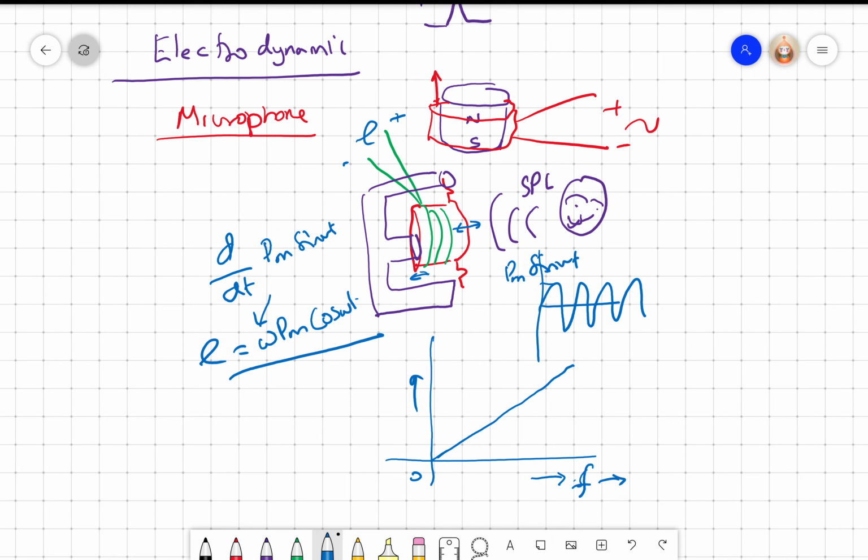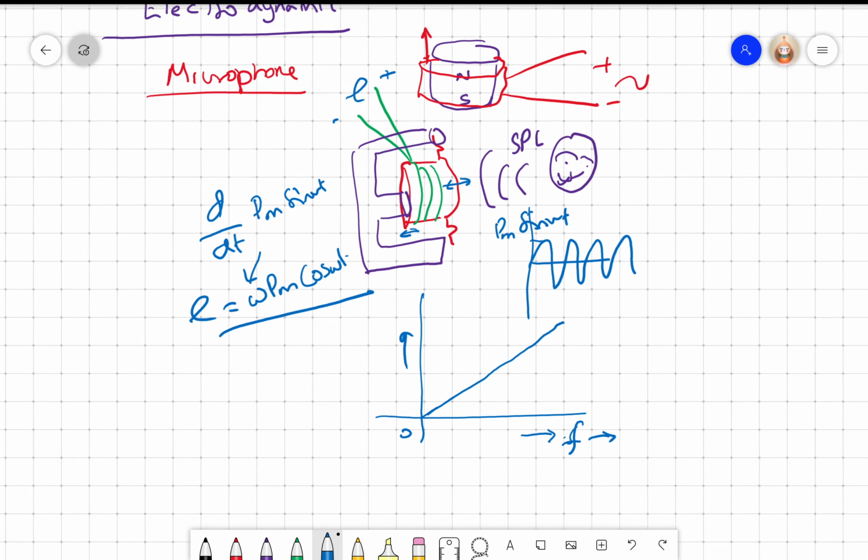So if you are using an electrodynamic transducer, you must understand that it has characteristics which are frequency dependent, right? So as frequency increases, my sensitivity increases. At 0, the sensitivity is 0.